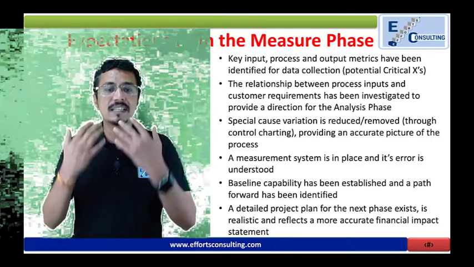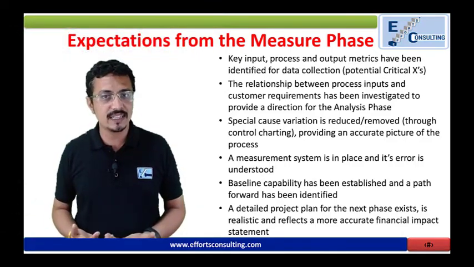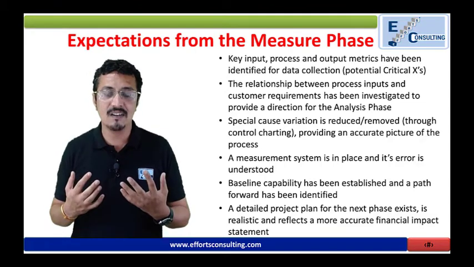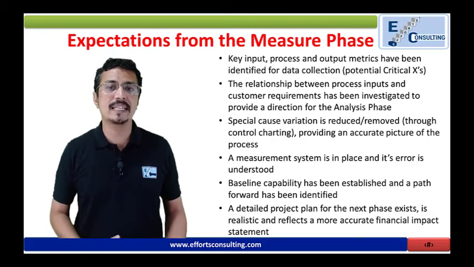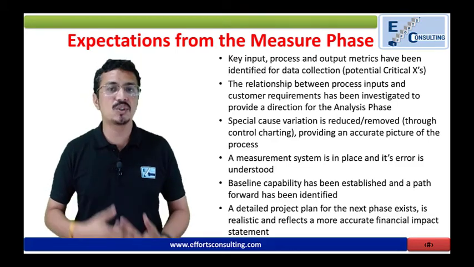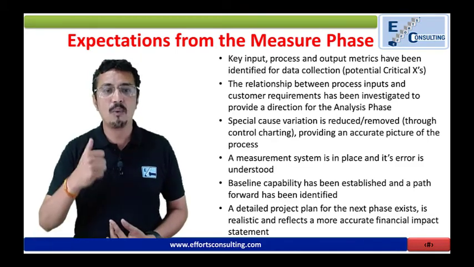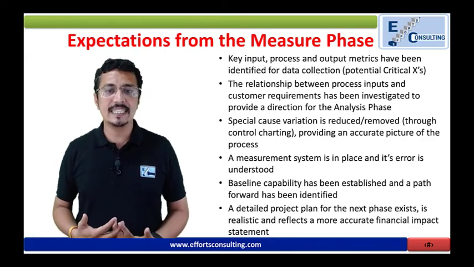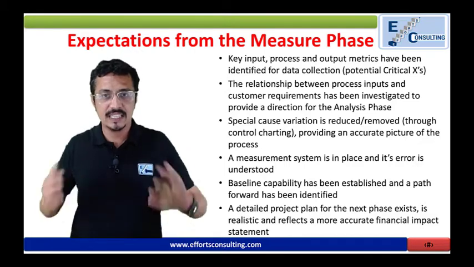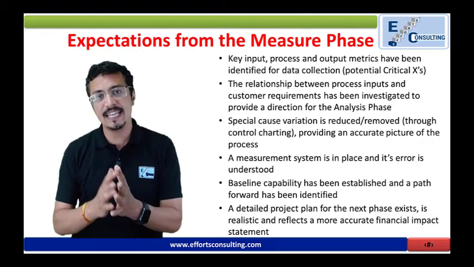In the measurement system also, we came to the conclusion that first we need to check our operators and the equipment through which we are measuring, and we need both accuracy and precision. We understood the baseline capability and established it with the calculation of process CP and PP and CPK and PPK.